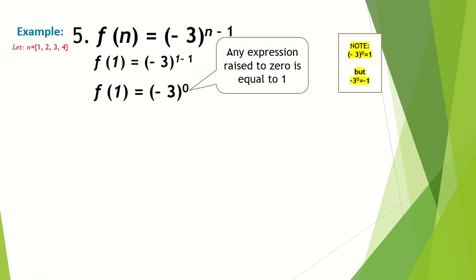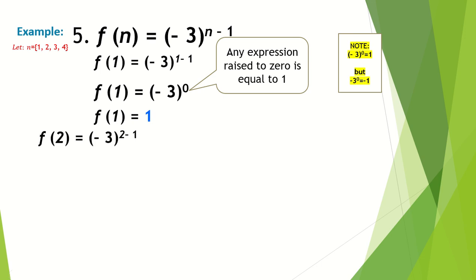So you simplify 3 raised to 0, that is 1, times negative, so that's negative 1. When you use your calculator, make sure you use the parentheses if you intend to say that the entire expression will be raised to 0.